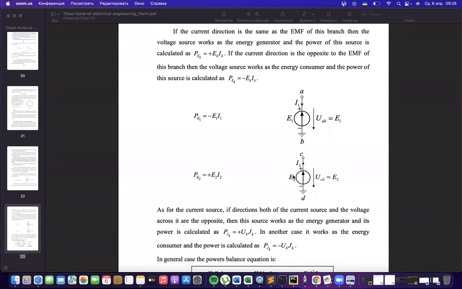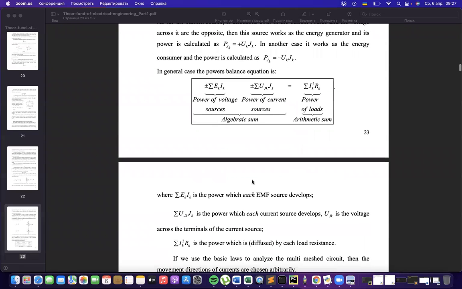For the sources, there are 2 situations, depending on whether the source value is positive or negative. If the current and voltage directions are the same, we get positive power. If the current is opposite to the voltage direction, we get negative power. The same is true for a current source. We compare the direction of the current source voltage and the value of this source, and if they are similar, we get a positive value. If they are opposite, we get a negative value.